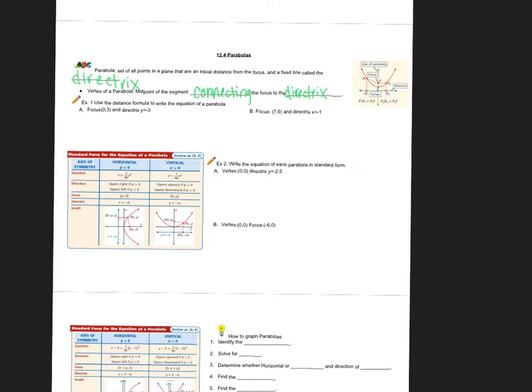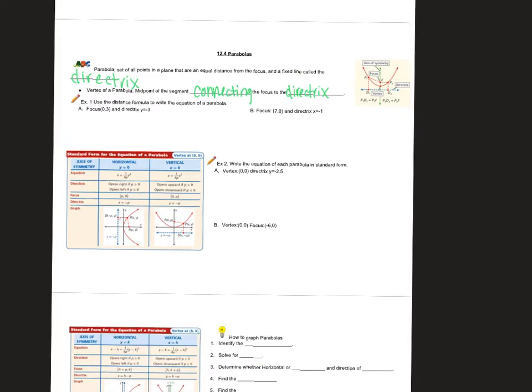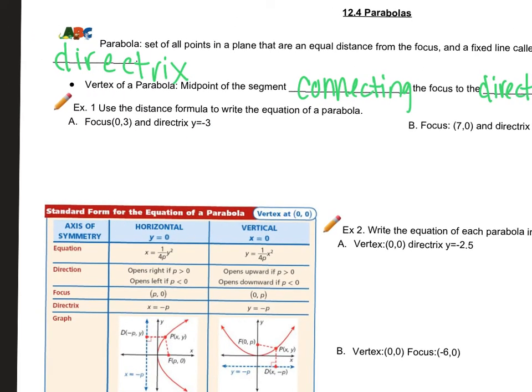So our distance formula is, let's blow this up. The distance formula is the square root of (x minus x1) squared plus (y minus y1) squared equals the square root of (x minus x2) squared plus (y minus y2) squared.